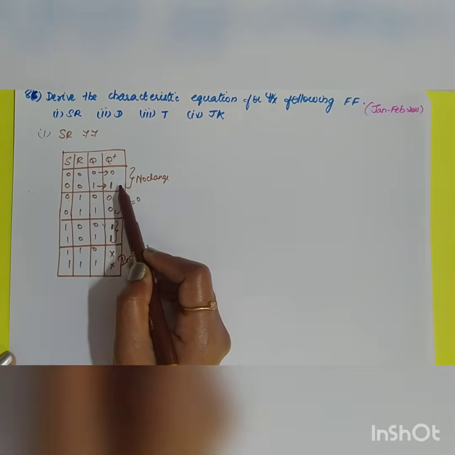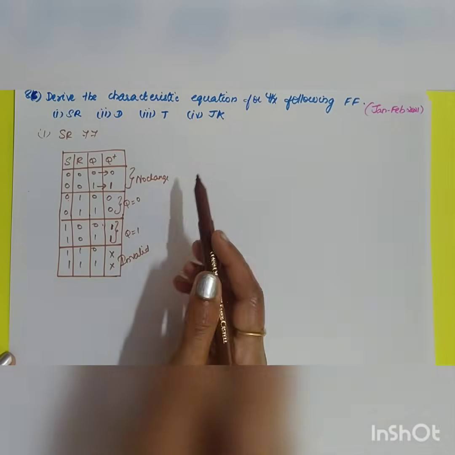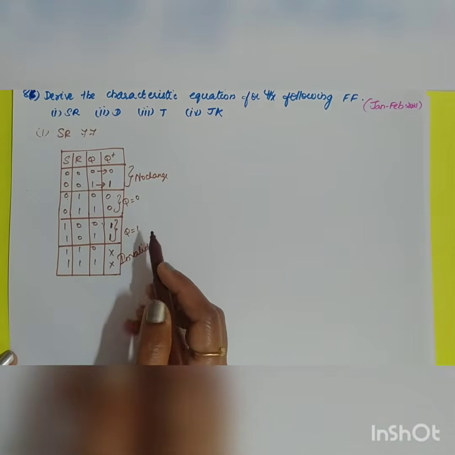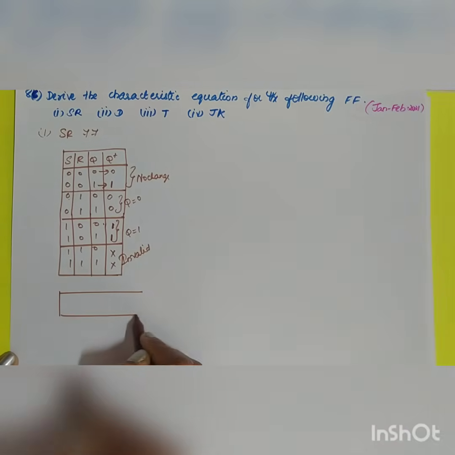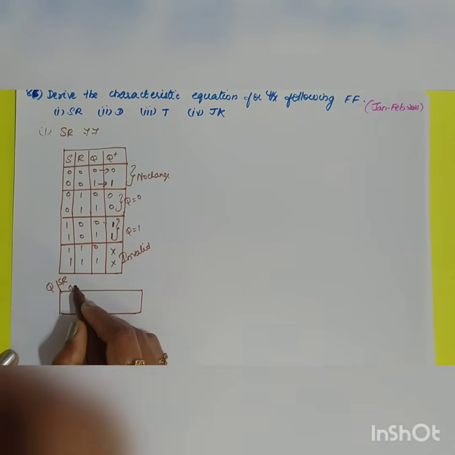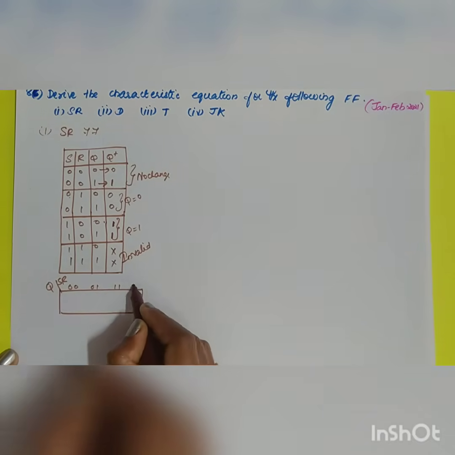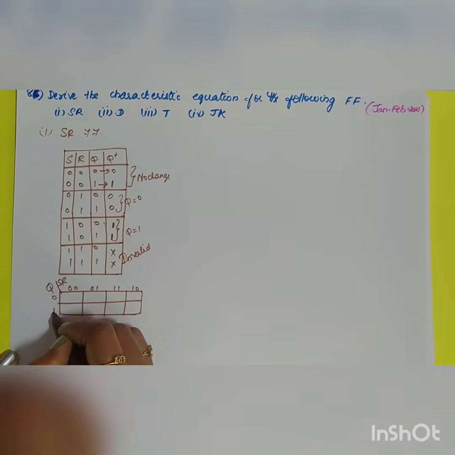So what are the values you have? Let us do it by means of a K-map, so that it will be easy for you. So if I construct a K-map with S, R and Q, 0 0, 0 1, 1 1, 1 0, and Q as 0 and 1.